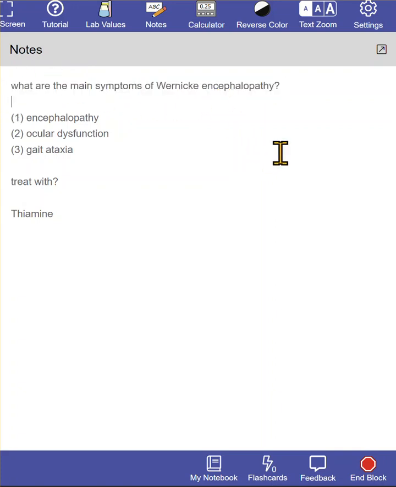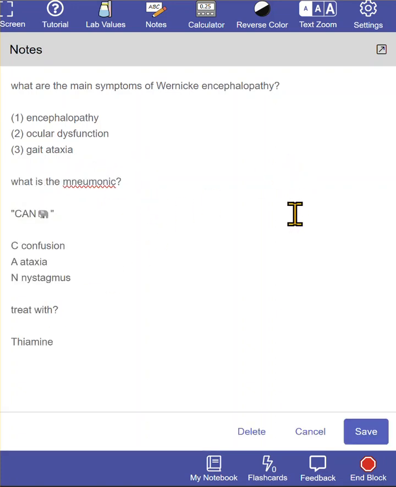So what are the main symptoms of Wernicke encephalopathy? You get encephalopathy, ocular dysfunction, and gait ataxia. What is the mnemonic to memorize them? The mnemonic is CAN. I have the elephant symbol for remembering because my mnemonics are always elephant symboled.